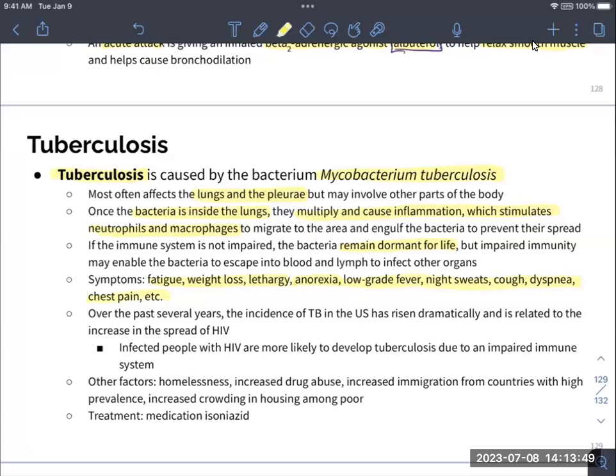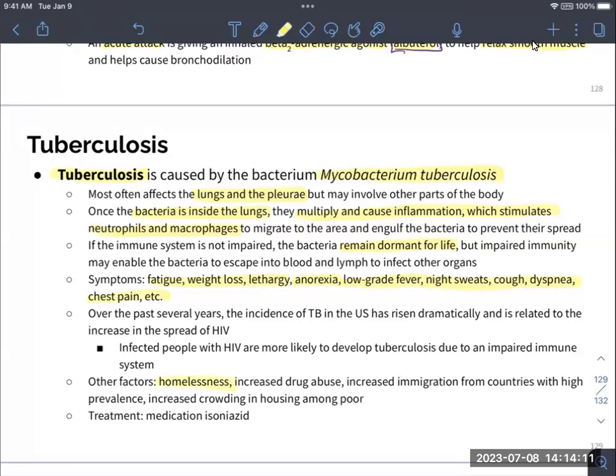Here's the interesting thing: over the past several years, the amount of cases of TB has risen, and it's related to the spread of HIV. Someone with HIV is more likely to develop tuberculosis because their immune system is already impaired.